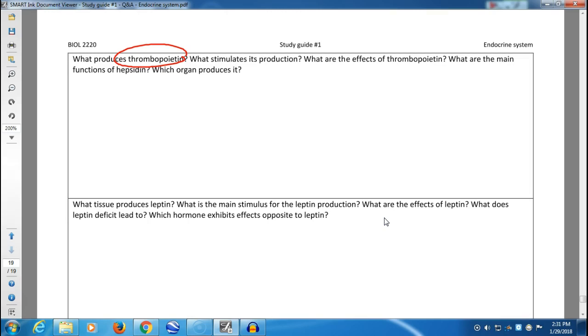What stimulates its production? Low levels of platelets. The effect? Normal levels of platelets, elevated. Hepcidin, it's a typo here. Hepcidin is produced by liver and controls, all you need to know, iron metabolism. Okay?